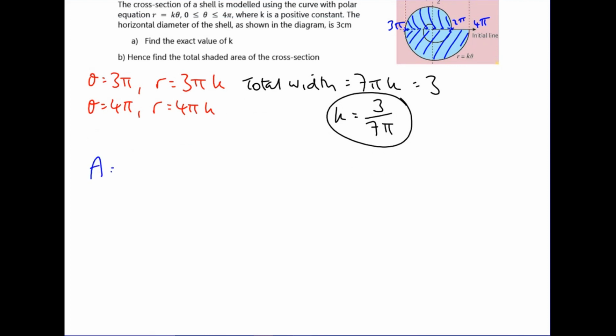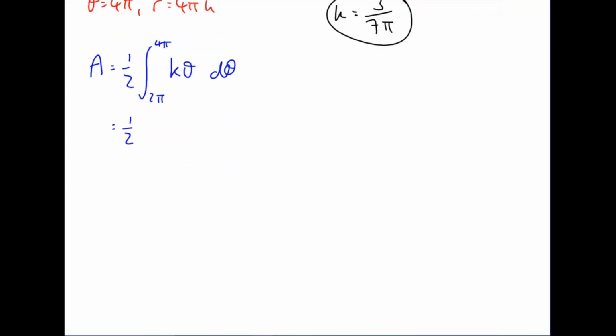So the area is half of the integral between 2 pi and 4 pi of k theta squared. I'm going to leave it as k rather than putting that in; I'll put that value in at the end. Really easy integration compared to what we've been doing throughout this pack.